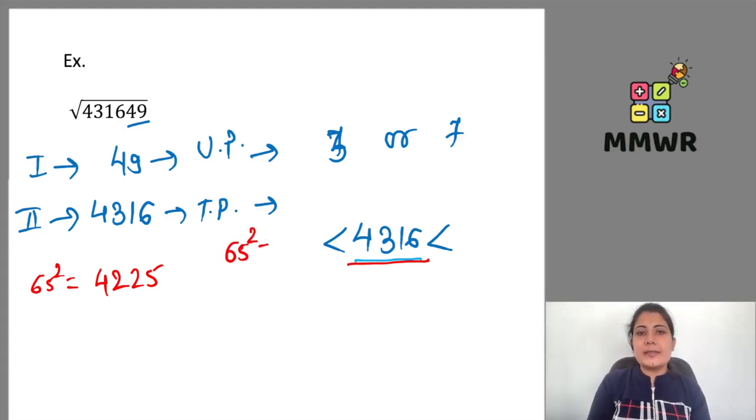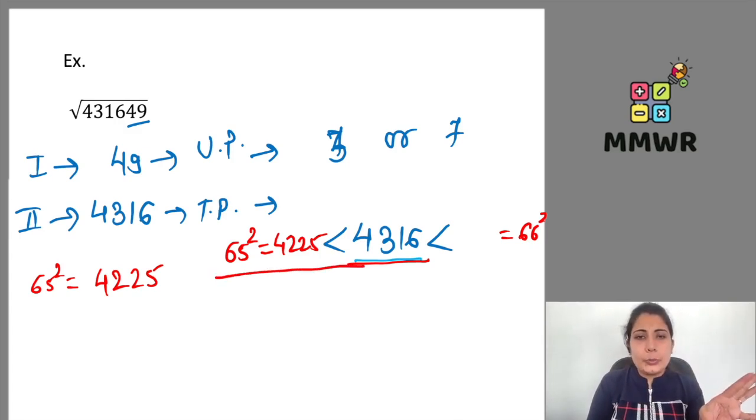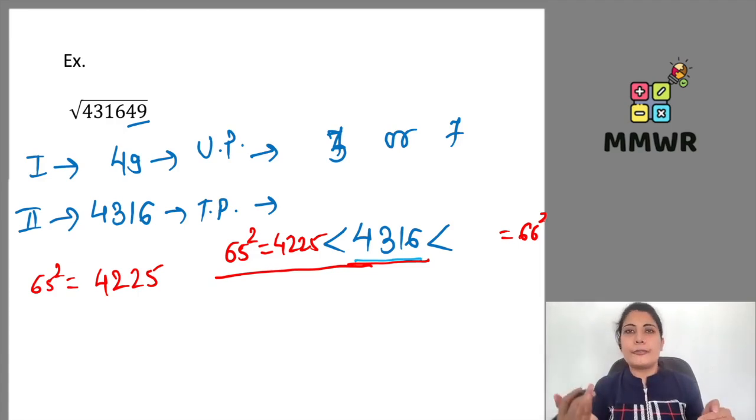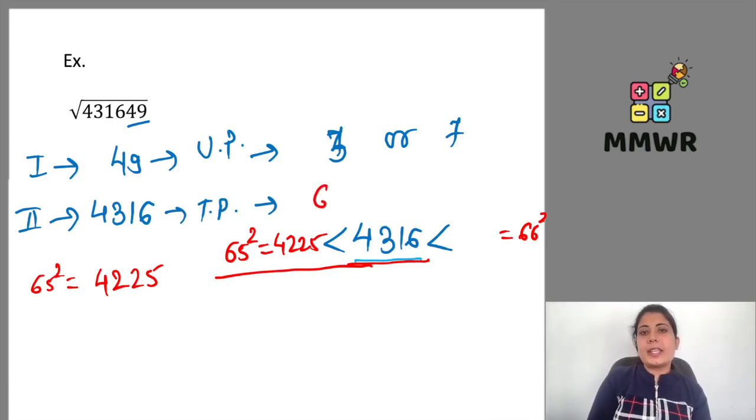That means 65 square is 4225, and next is 66 square, which we don't know, but we have to be worried only about the smaller one. The greater one, we don't have to look for. But yes, 4316 is greater than 4225, and it will of course be lesser than the next perfect square. It will be in between both of them. So 65 should be there at the tens place.